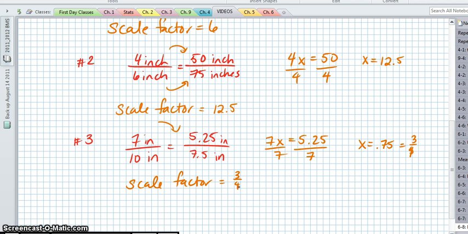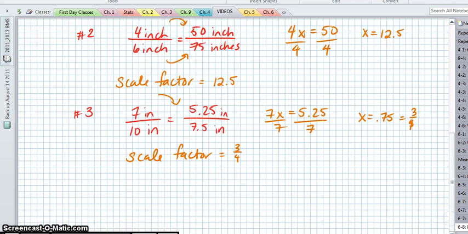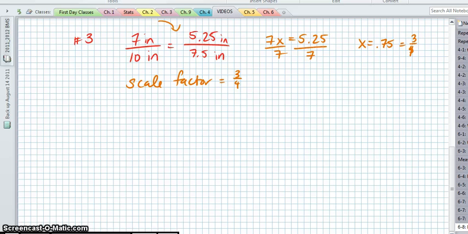Let's just take some general notes about scale factors. So here, when the center of a dilation on a coordinate plane, and we'll look at those in just a moment, is the origin, you can find the coordinates of a dilated image by multiplying the coordinates of an original figure by the scale factor, which we identify as k. So I just said a lot there. Let me get that down.